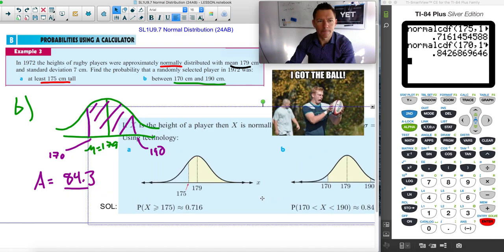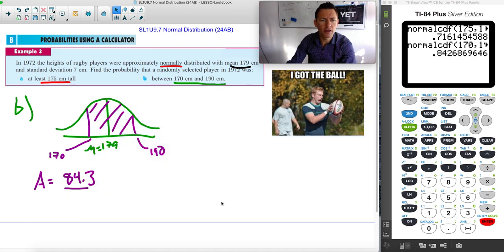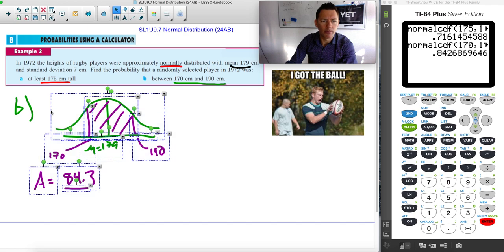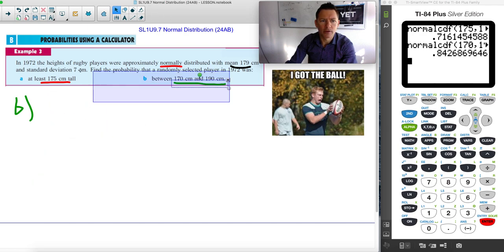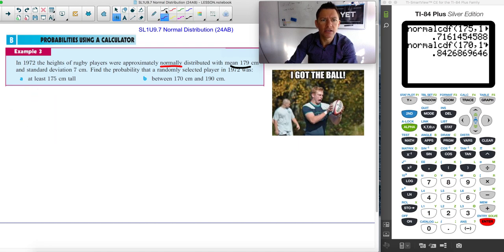Cool. Just for fun, I'm going to make up a problem that's about inverse normal. So here's my very own C question. We know the probability of having a person greater than 192?